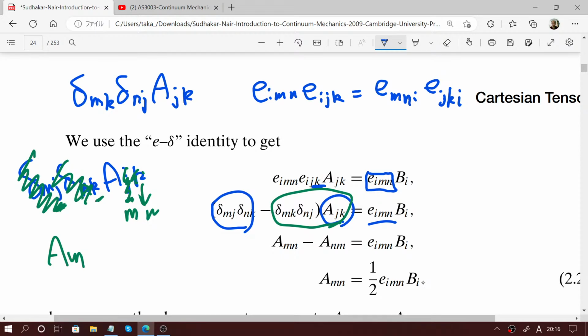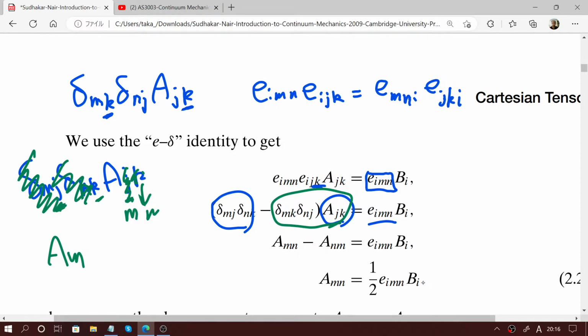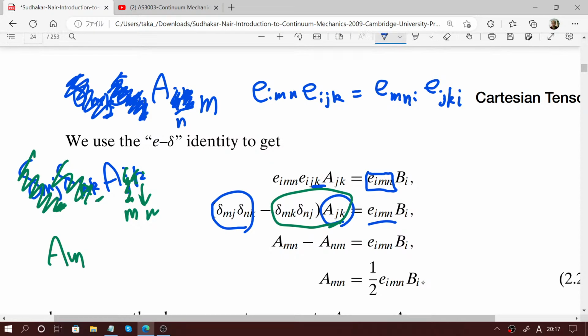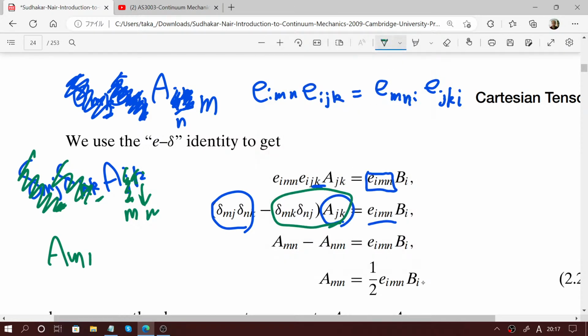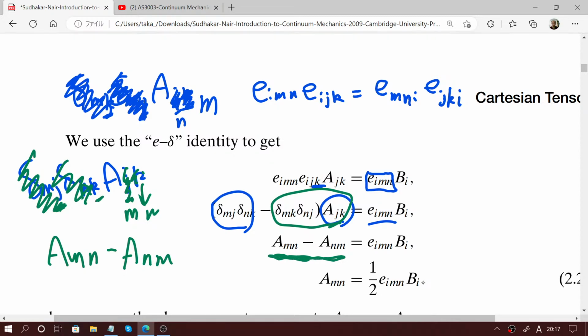K is repeated, so we run K from 1 to 3 and it will hit M. Then J is repeated, so J will hit N. So eventually we will have A MN minus A NM. Then you have the anti-symmetric property.